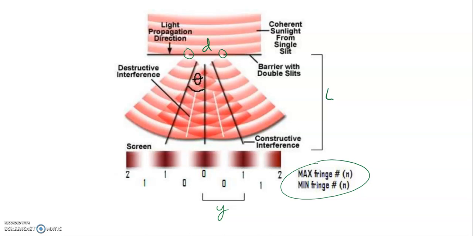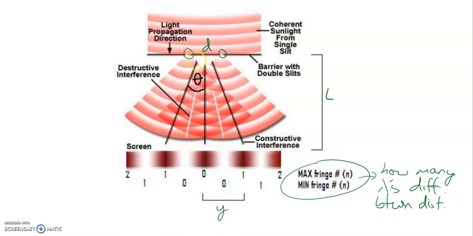Now it sounds kind of weird because the first maximum has a fringe number of 0. The reason is that the fringe number tells you how many wavelengths difference there is between the distances. Let me explain.